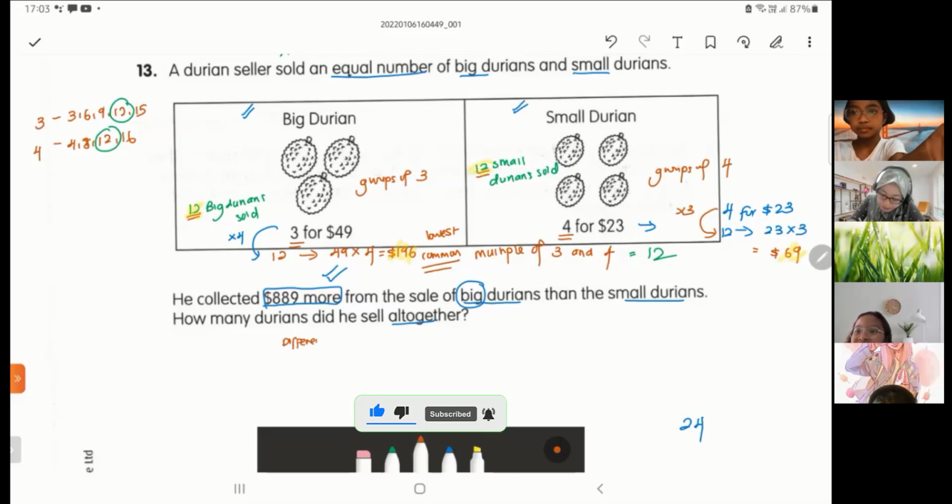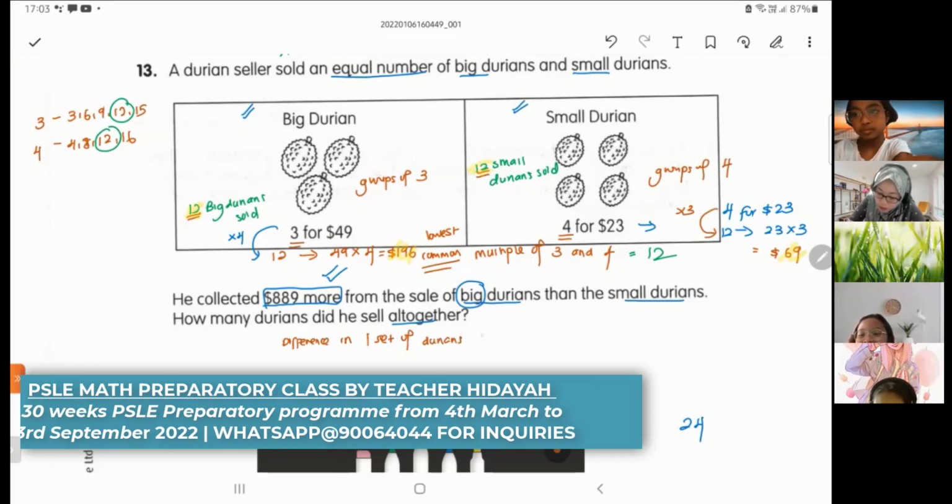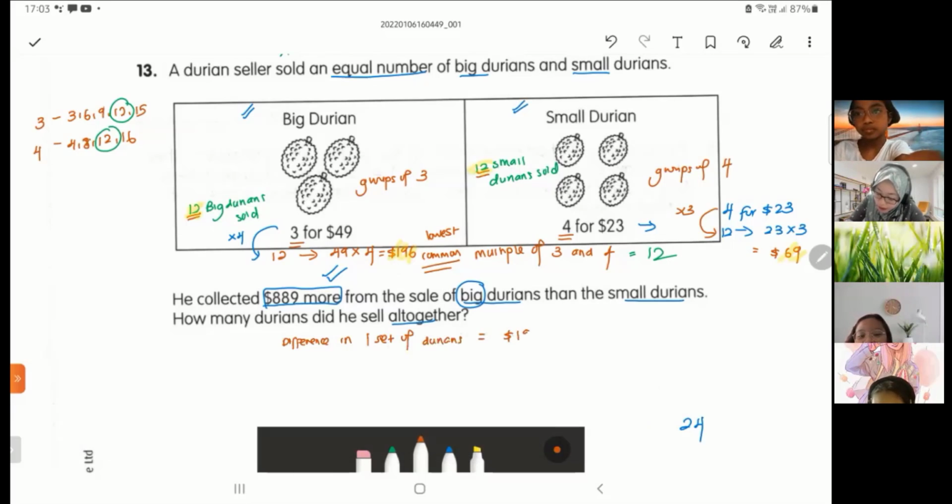Difference in one set of durians, which means the big durian minus my small equals $127.